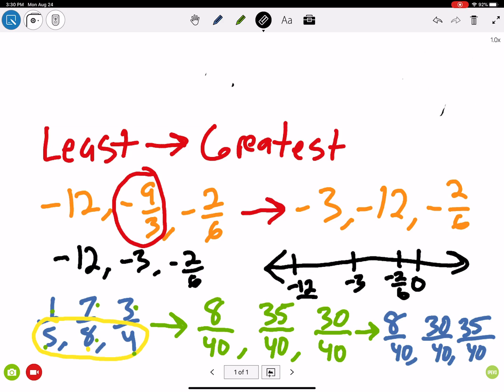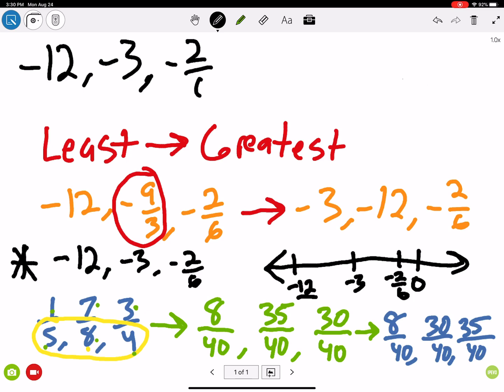First thing, I start with my least, which was my negative numbers. Well, those were right here, right? I start with negative 12, comma, negative 3 was my second, and then negative 2/6. And then my last three were the 8/40ths, which we got from what? We got this 8/40ths from 1/5.